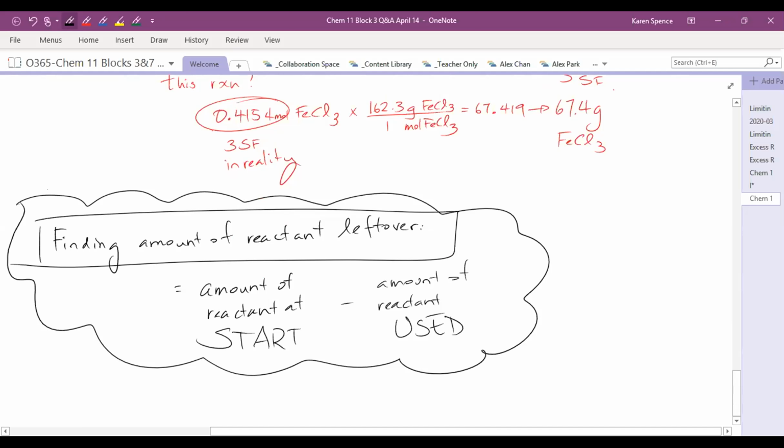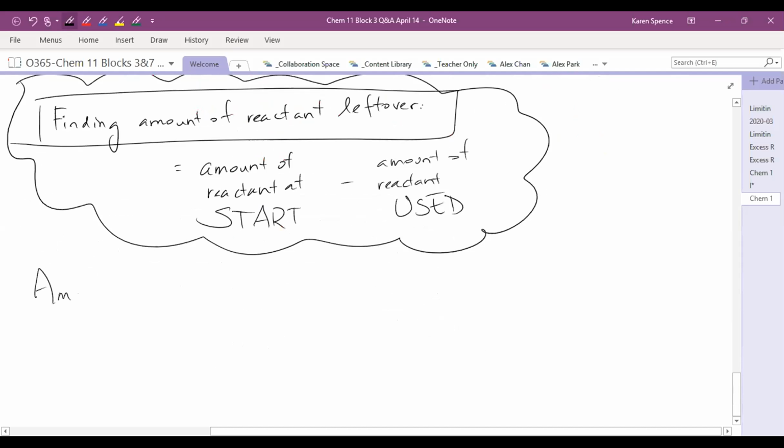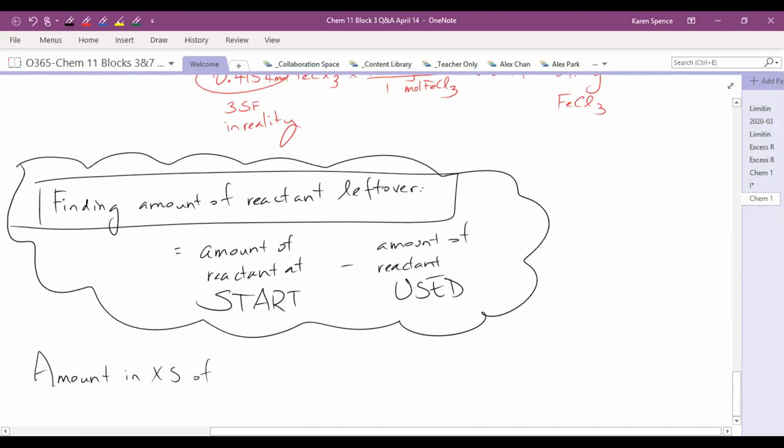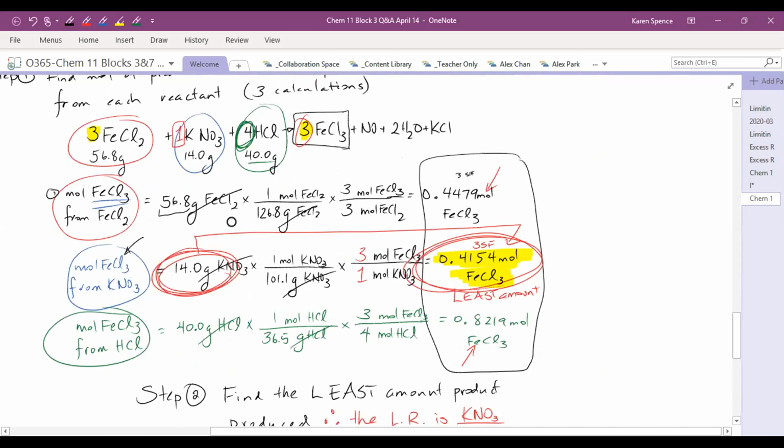So we have 2 excess reactants here, so we're going to do it for 2 things. So the amount in excess of, who was our first excess reactant? Well, KNO3 was our limiting reactant, so that means that our other 2 reactants, FeCl2 and HCl, are our excess reactants. Okay?